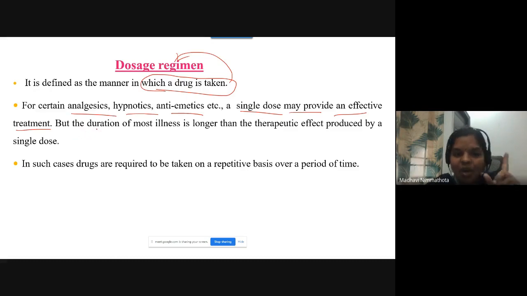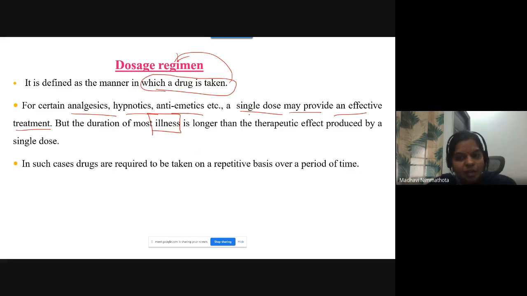But only one thing, in these three cases you may have a longer duration of your illness. If you have any pain in your body, it will take more time to cure such pain.